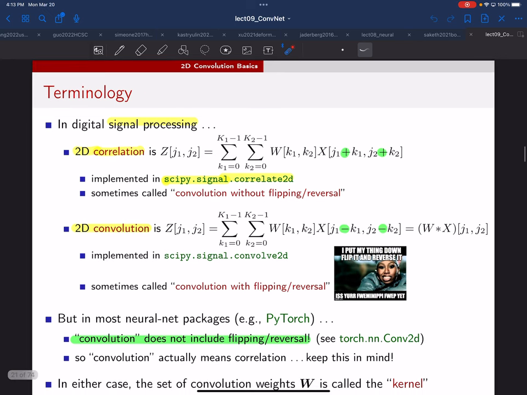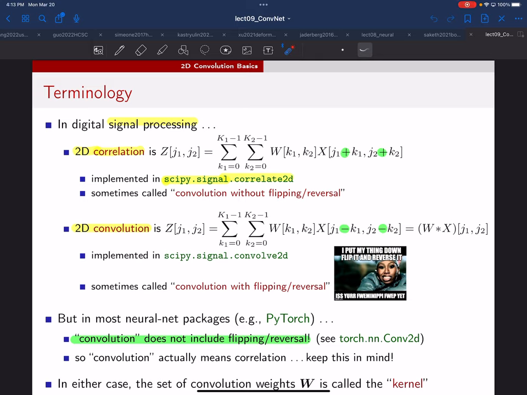And then a little bit of terminology. This operation, the same one from the previous page, is called correlation in the signal processing literature. It's related to something else called convolution. The difference between correlation and convolution is these minus signs: the pluses get turned to minuses.